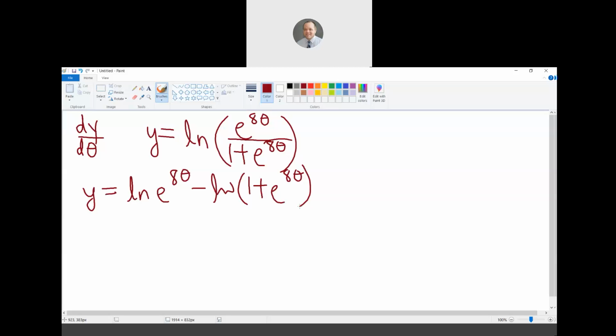Now, for the first natural log, we can use the exponent law and move the 8 theta to the front, and bring down the rest of our problem.